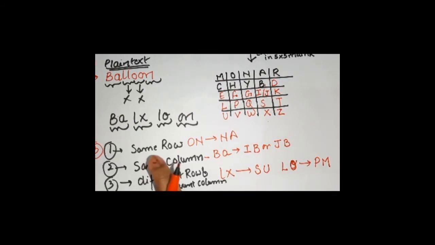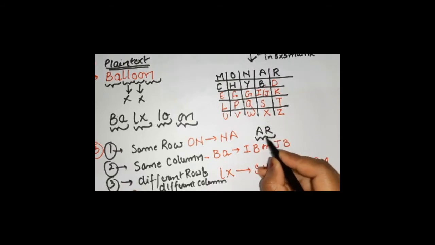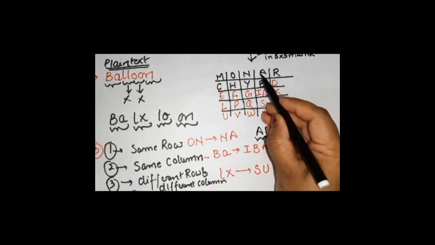Now, all these three conditions also have another chance. What is the chance? For example, in the same row, maybe A and R are the plain text which is in the same row, right?